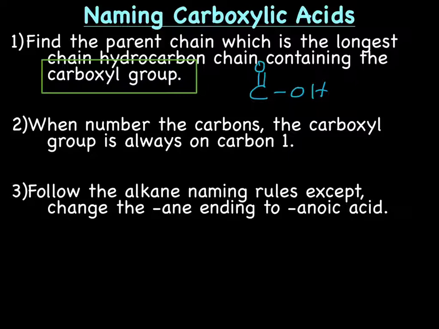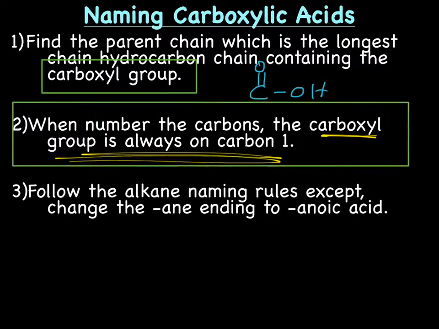When numbering the carbons, the carboxyl group is always on carbon number 1. That's important. Besides that, you follow the alkane naming rules, except change the ane ending to anoic acid. Okay, and that'll make more sense in a few.